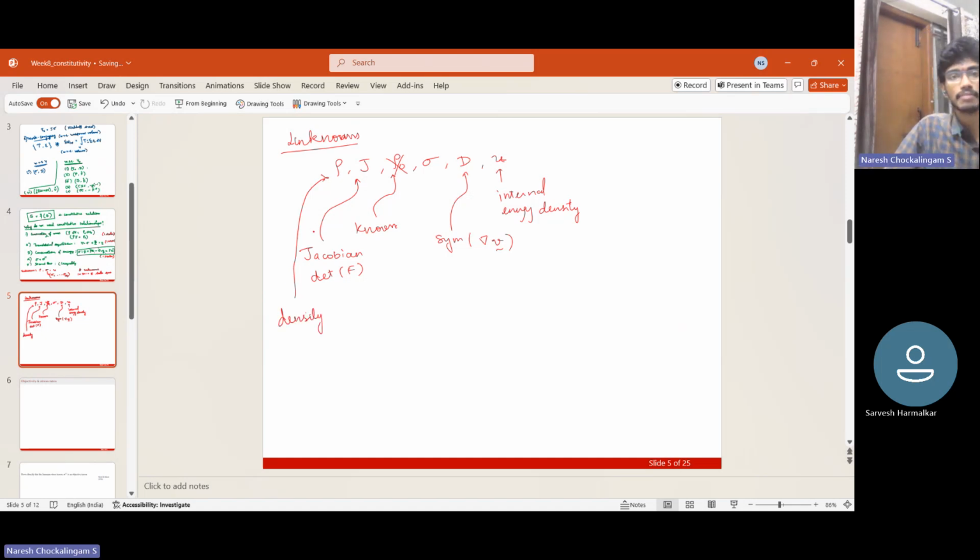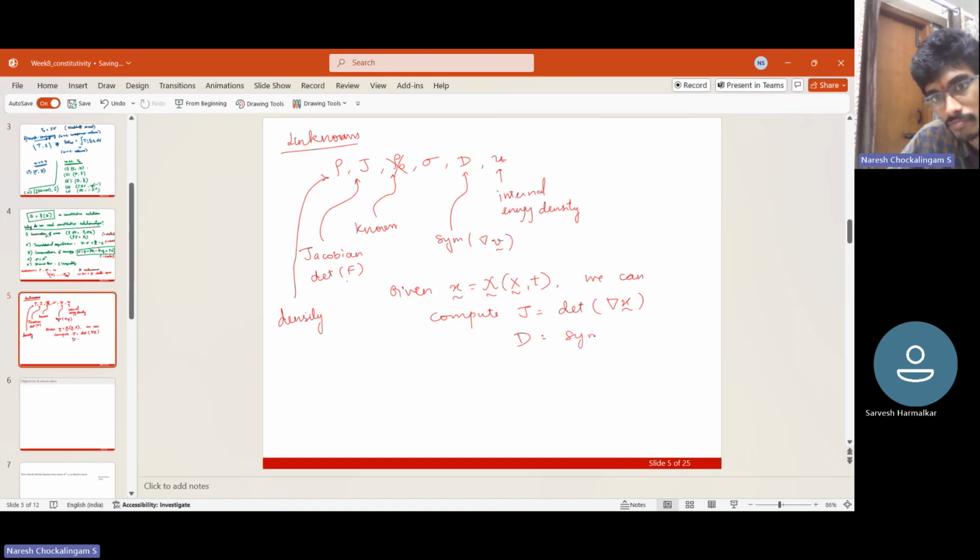Now, if you look at kinematic quantities such as J and D, they can be directly computed, given the deformation field chi of X, t. We can compute J as the determinant of the deformation gradient and D as the spatial gradient of the velocity field.